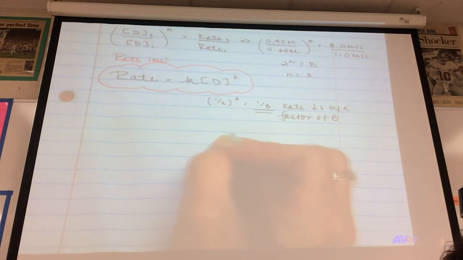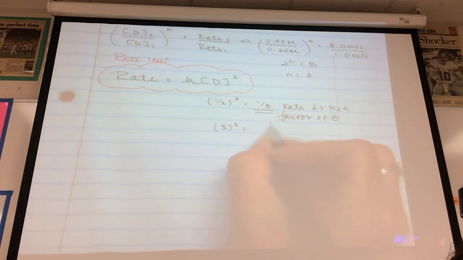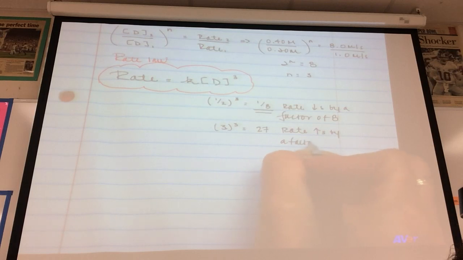And then it says if the concentration of D is tripled, 3 to the third power is 27. The rate increases by a factor of 27.